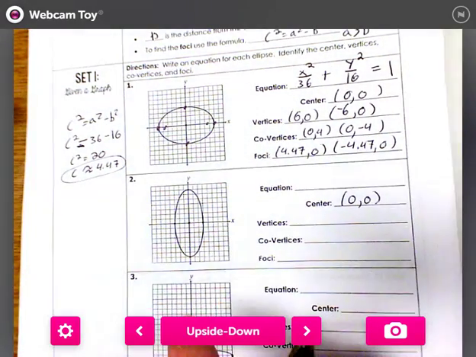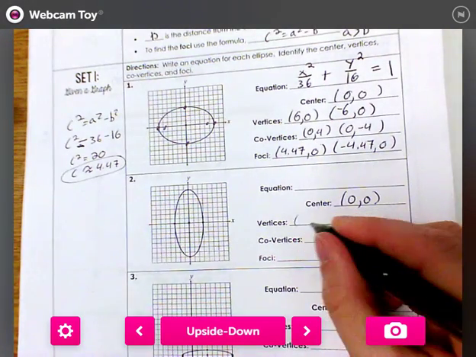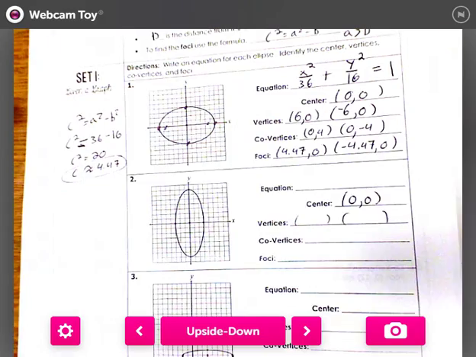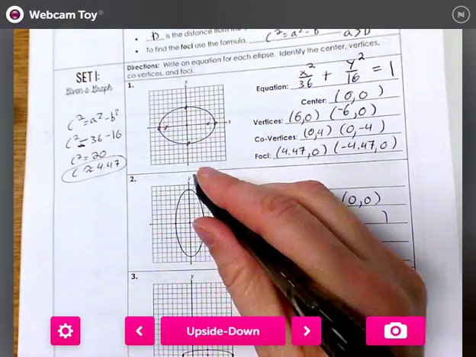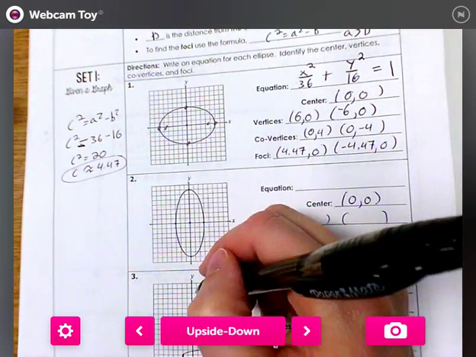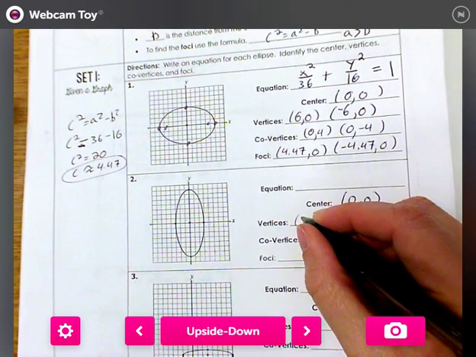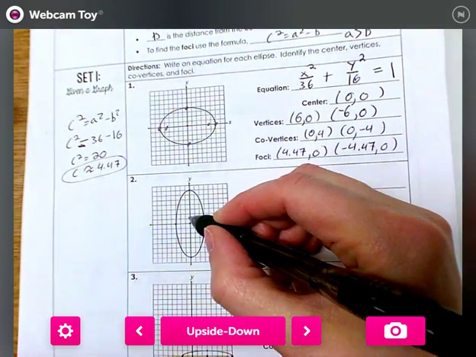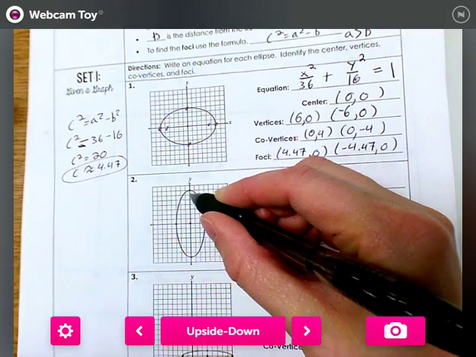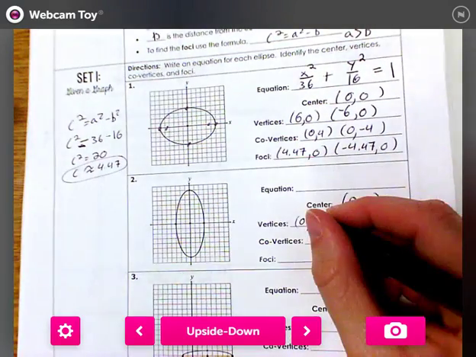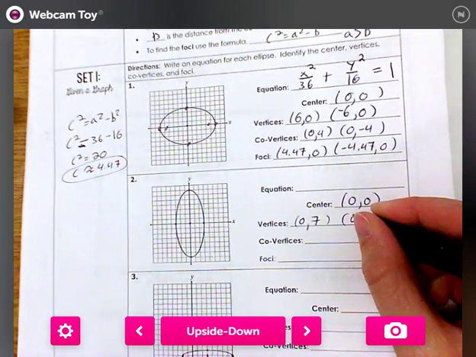What are the vertices? It has to be the major axis, so it has to be going straight up and down. So my vertices are 0, what? What is this point? 1, 2, 3, 4, 5, 6. Is it 7? And so the other one is 0, negative 7.